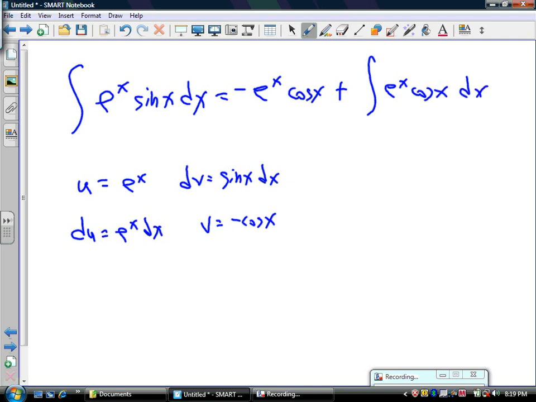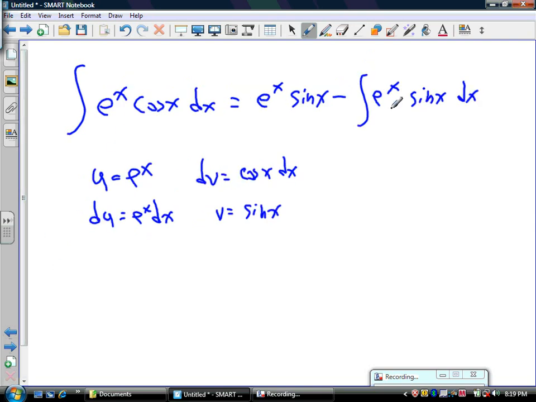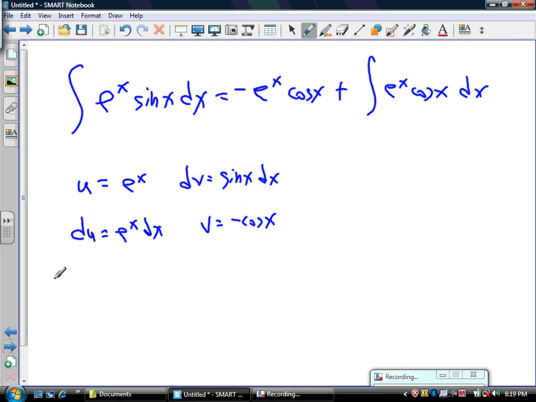Wait a minute. I start with e sine, I get e cosine. I start with e cosine, I get e sine. I wanted e cosine, and guess what? It's there again. Is this a problem? No, it's not. Look at the signs, not the S-I-N-E, the S-I-G-N.